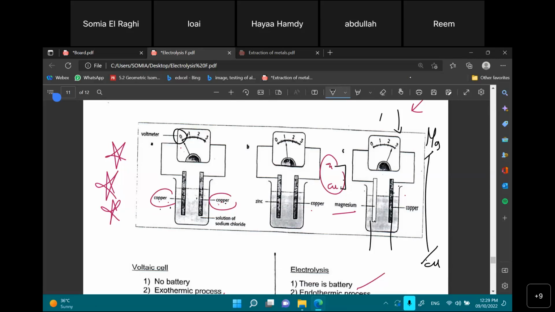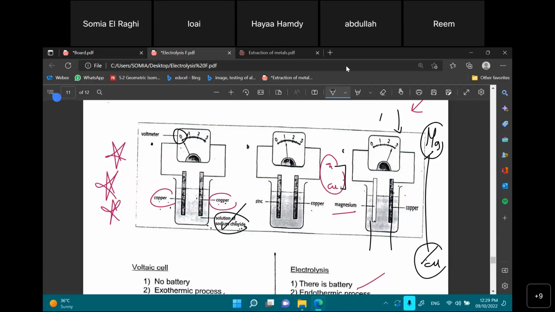You get that? So question again, how to increase the voltage in the voltaic cell? You choose two metals far from each other. That is the best way. He will give you choices, of course. And we can also change the electrolyte. Instead of this acid, he put whatever electrolyte, increase its concentration.